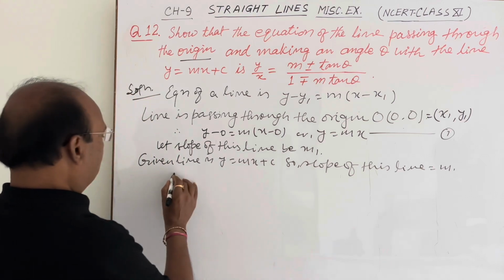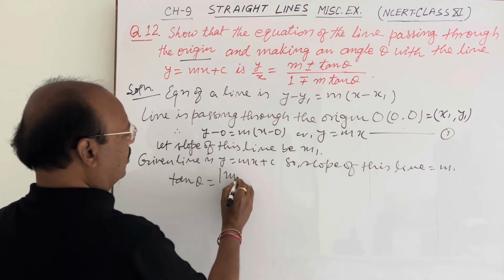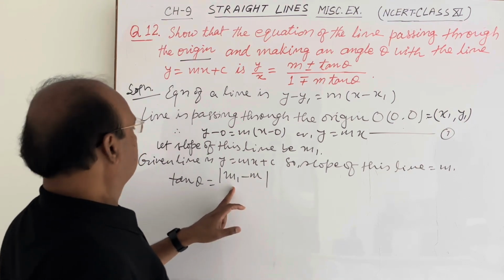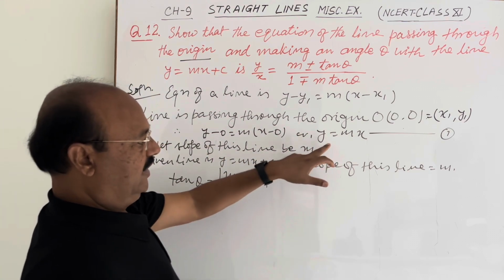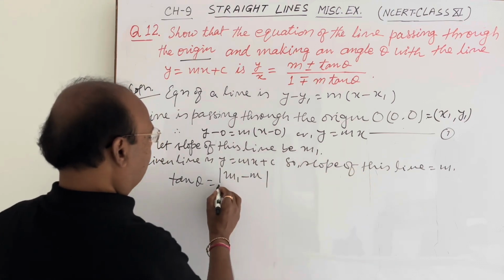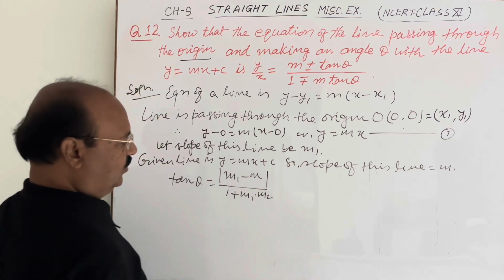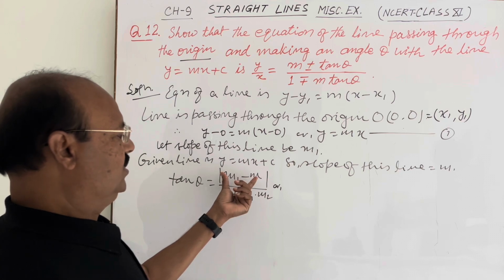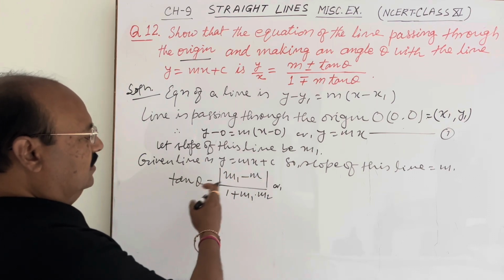Now the required line and this line, between these two lines the angle is theta. So we can use the formula: tan of theta is equal to modulus of m1 minus m upon 1 plus m1 into m2, where m1 is the slope of this required line, which we are supposing as m1 here, and m is the slope of this given line. Since there is a modulus here, this may be positive or negative. In both cases we will get the result.